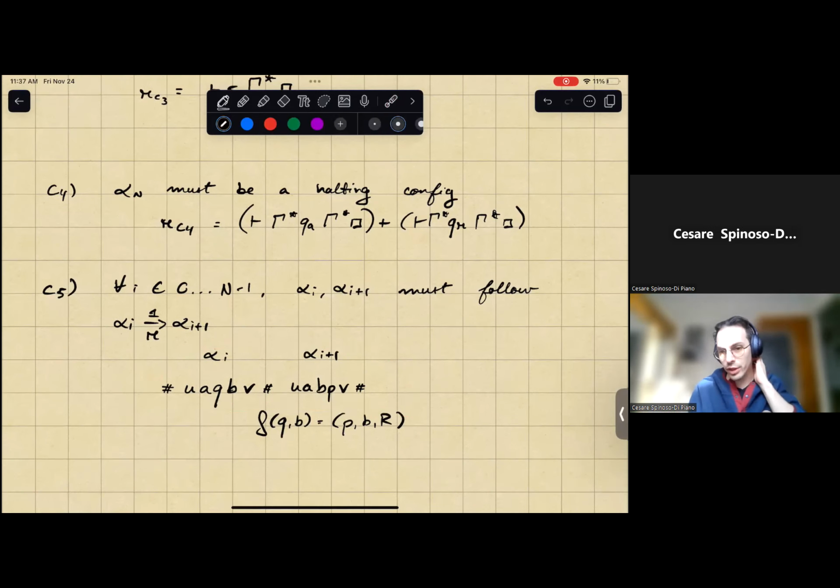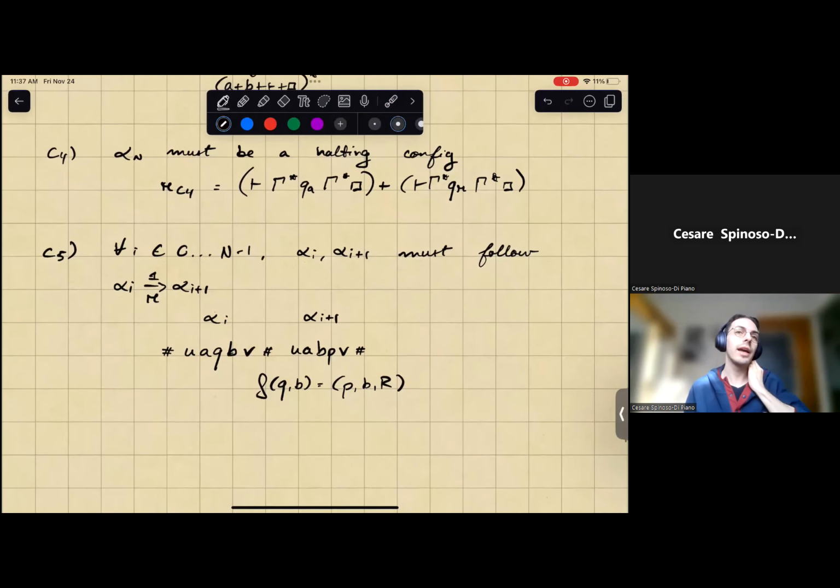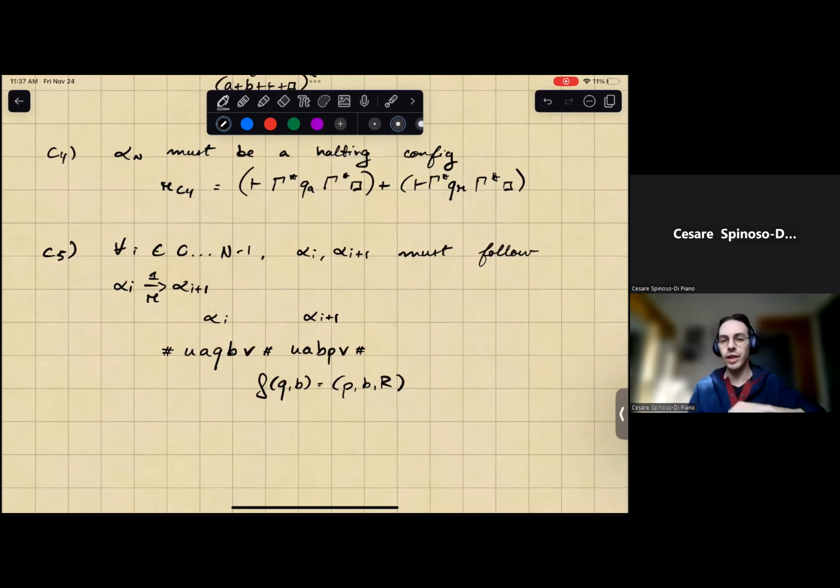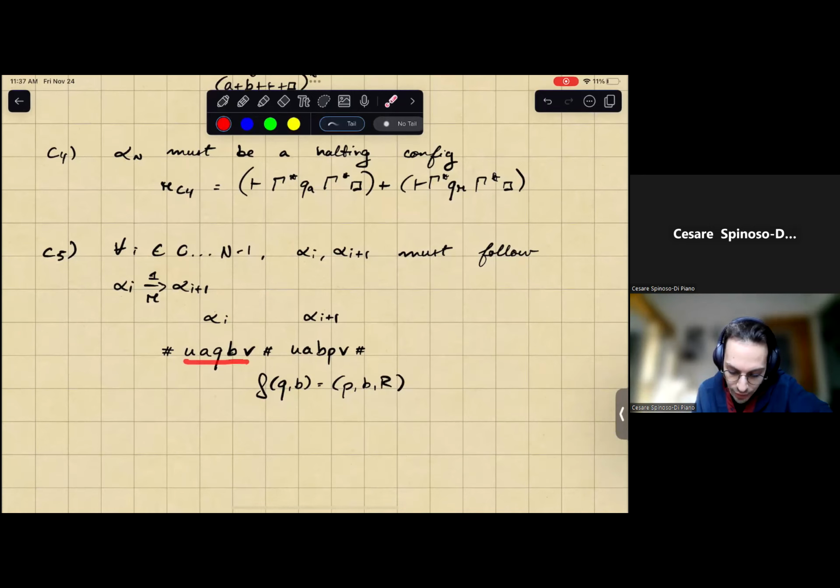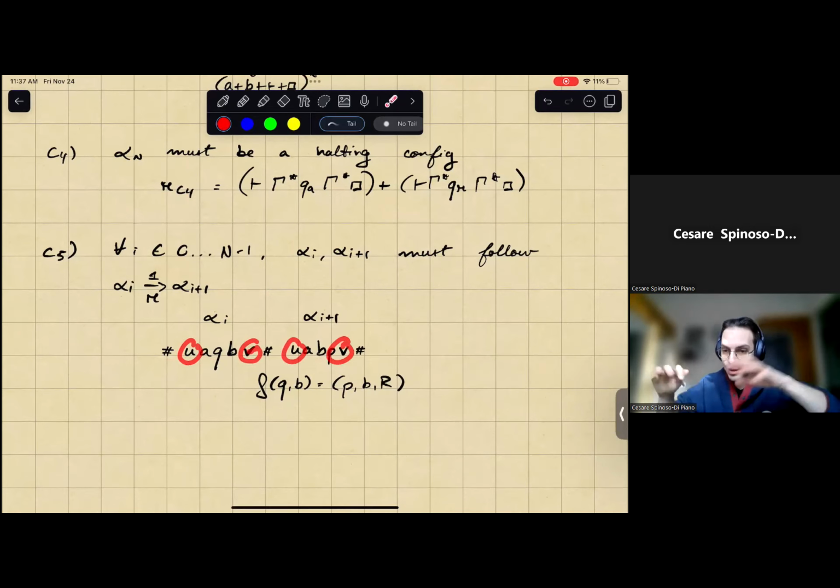And the reason for that, at a high level, is, well, to ensure that this is respected, let's say the PDA would need to scan this alpha i and memorize the U and the V, right? And then match it with the U and the V here. And it has to be an exact match, because things have to be exactly consistent.